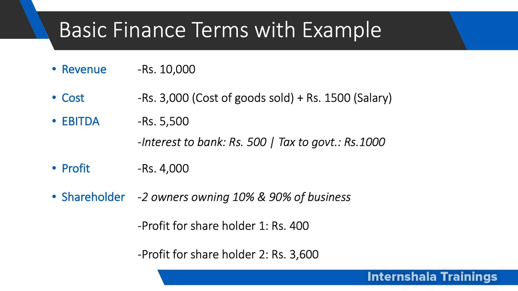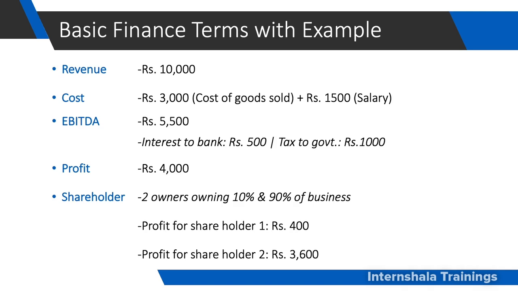So it is 5,500 minus 500 minus 1,000 rupees, which is equal to 4,000 rupees. So we can say profit is the total revenue minus the cost minus other expenses like interest paid to the bank and tax paid to the government.